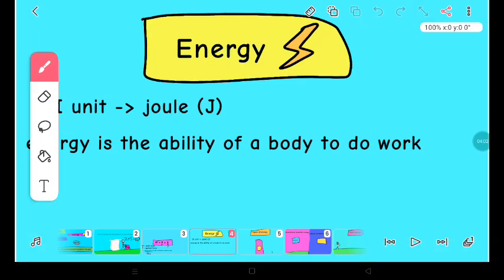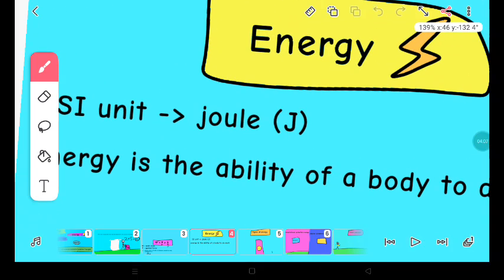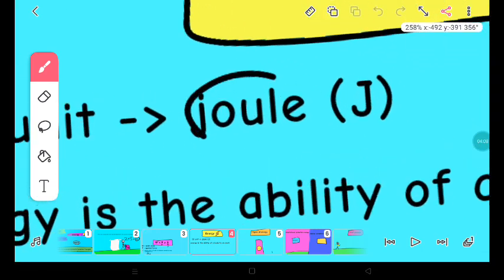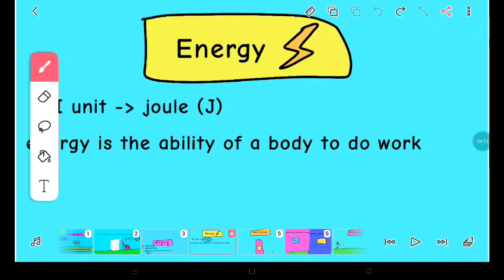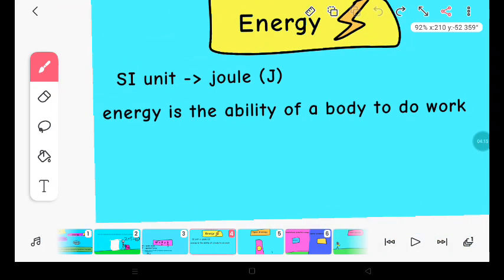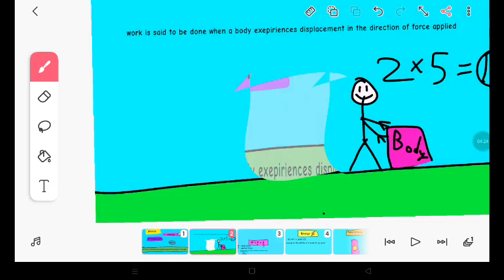Now we have learned about work. Let us learn about energy. The SI unit of energy is joule, which short form is J. And what is energy? Energy is the ability of a body to do work. Let's take an example of the same stickman figure.